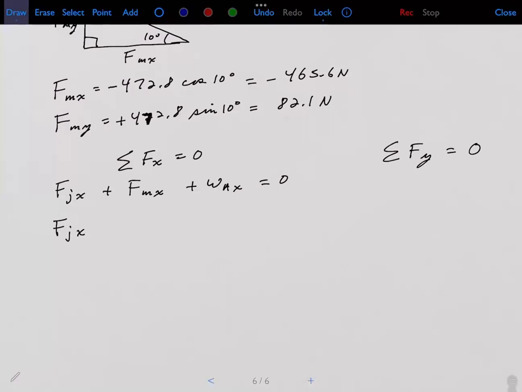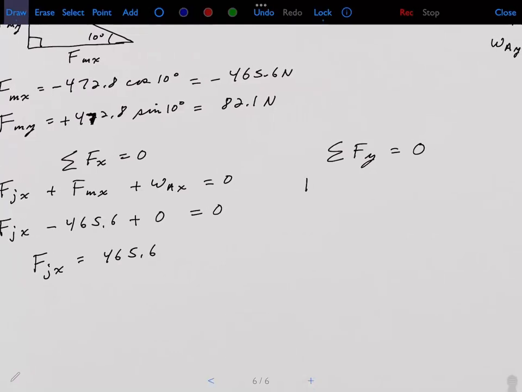The x component of the muscle force, Fmx, was negative 465.6. And the x component of the weight of the arm was 0, right? There was no x component. If I add 465.6 to both sides, I'm going to find that the x component of the joint force is 465.6.